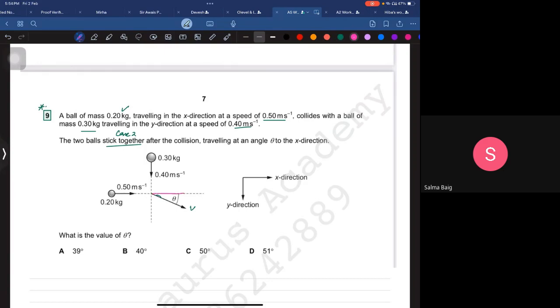I'm going to do this as horizontal. So it's going to be V cosine theta for this angle, and this one will be V sine theta. I'm going to take this direction as positive. I'm going to take this direction as positive. I'm going to take this direction as negative. I'm going to take this direction as negative as well. You guys get it?